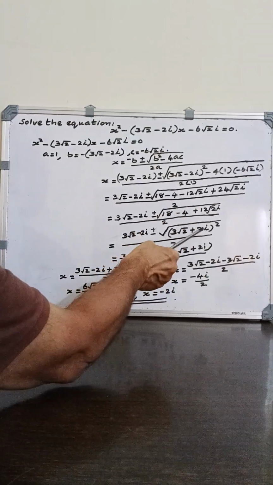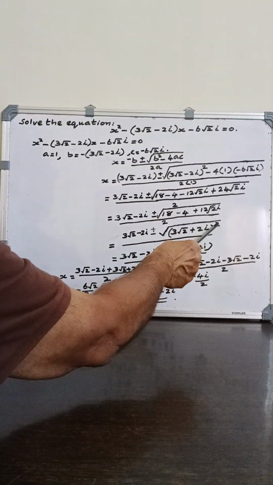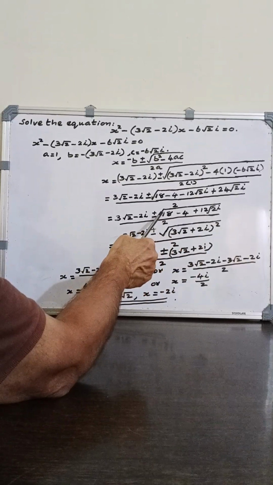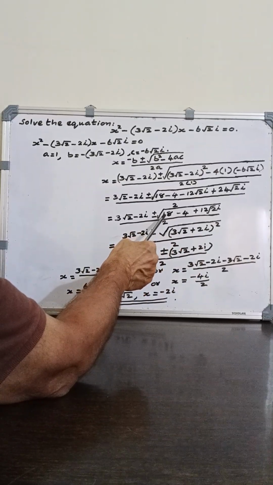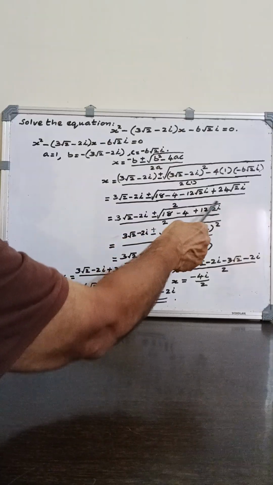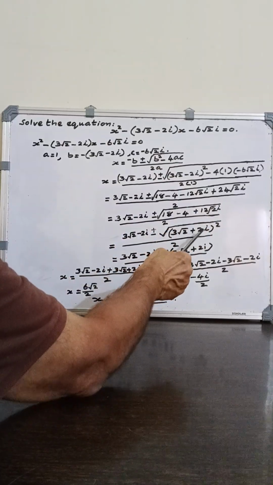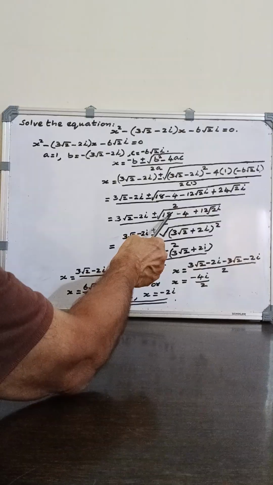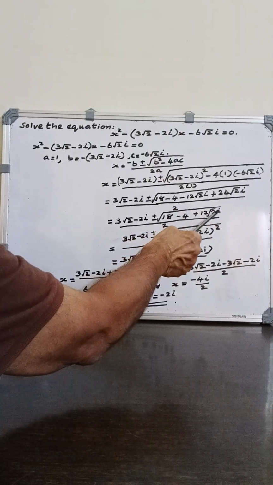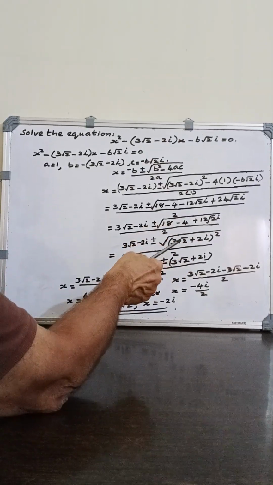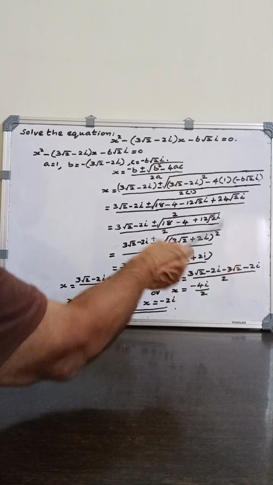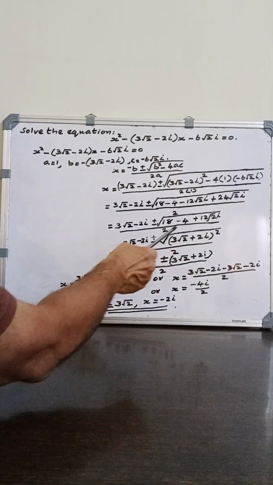Therefore, (3 root 2 plus 2i) the whole squared. Very intelligently we can simplify this one and factorize (3 root 2 plus 2i) the whole squared. 18 minus 4 plus 12 root 2i is (3 root 2 plus 2i) the whole squared, by 2.